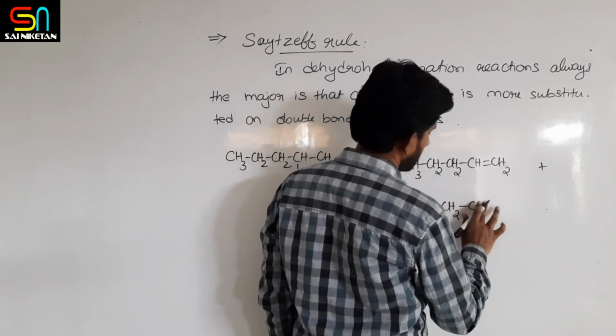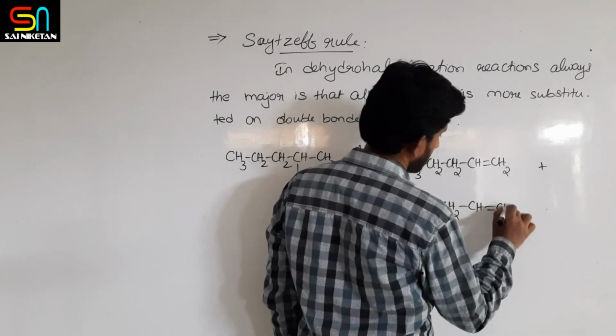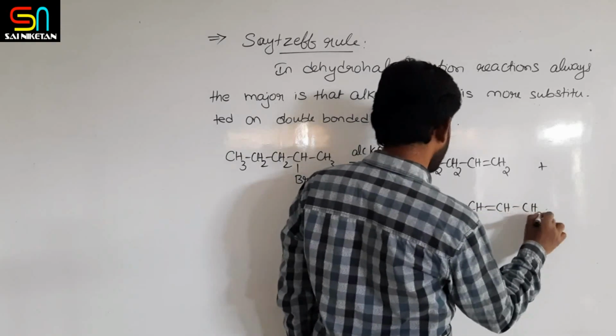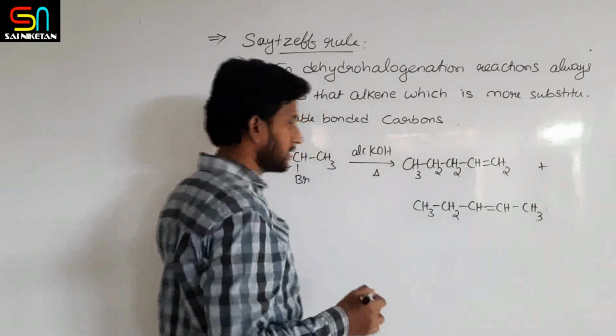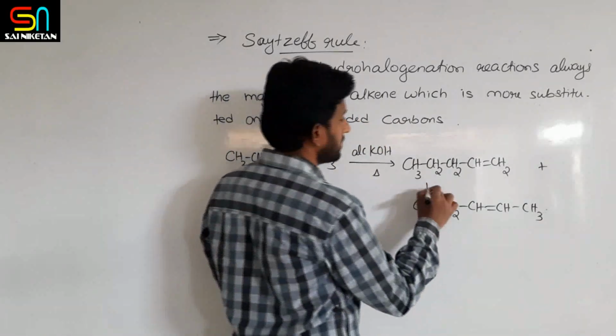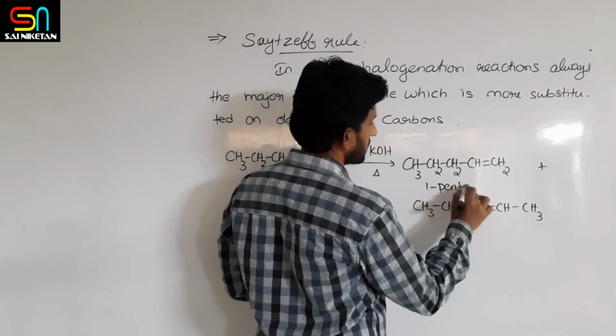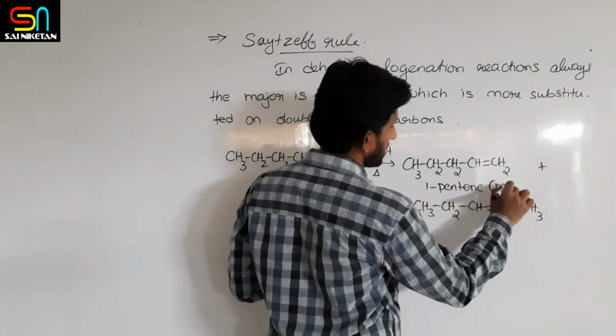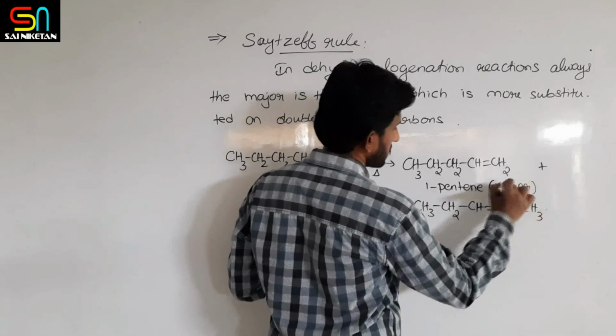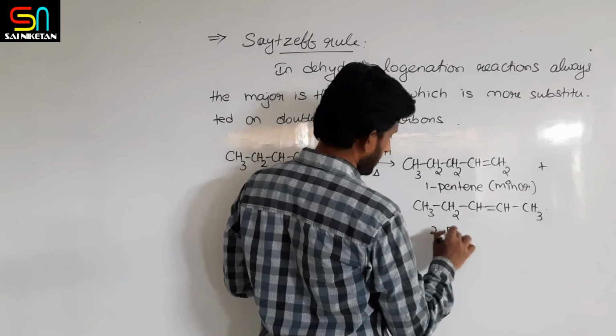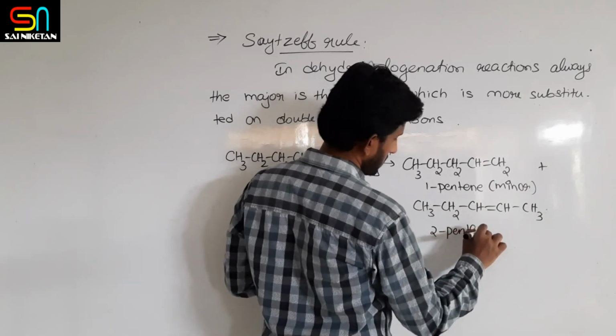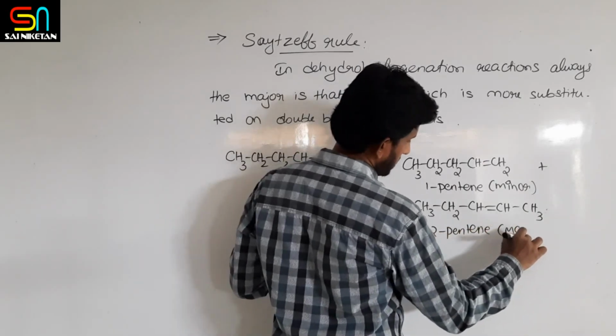We are saying that 1-pentene is minor product, 2-pentene is major product.